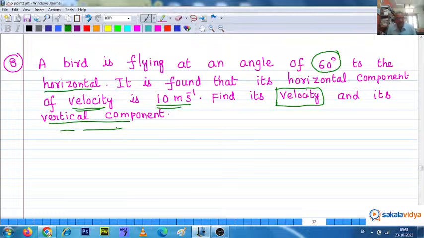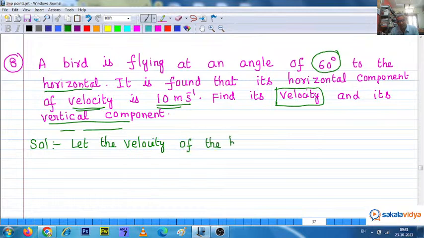So now what is given here? See the solution. What is the given data? Let the velocity of the bird at which it is flying be v, and the angle of velocity with horizontal is given.